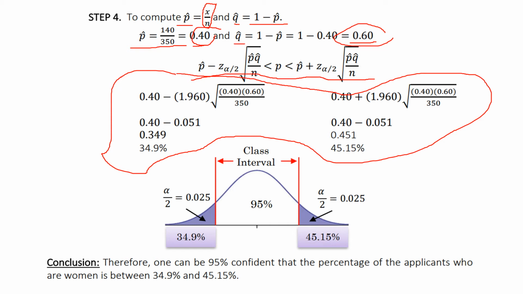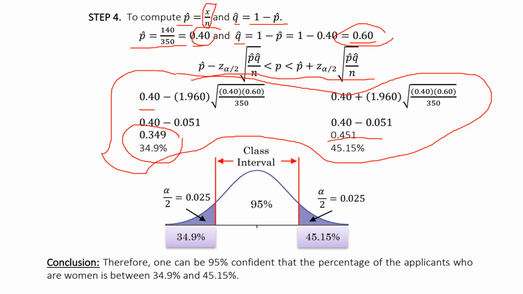That will be 0.4 plus or minus: minus for your lower limit and addition for your upper limit. So minus 1.96 multiplied by the square root of 0.4 multiplied by 0.6 all over your 350. So this will be your lower limit, which will be equal to 0.349 or 34.9%.